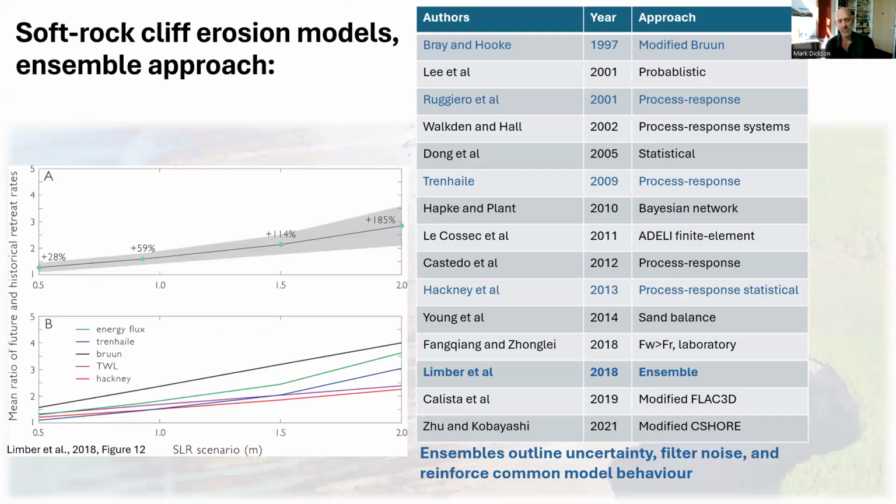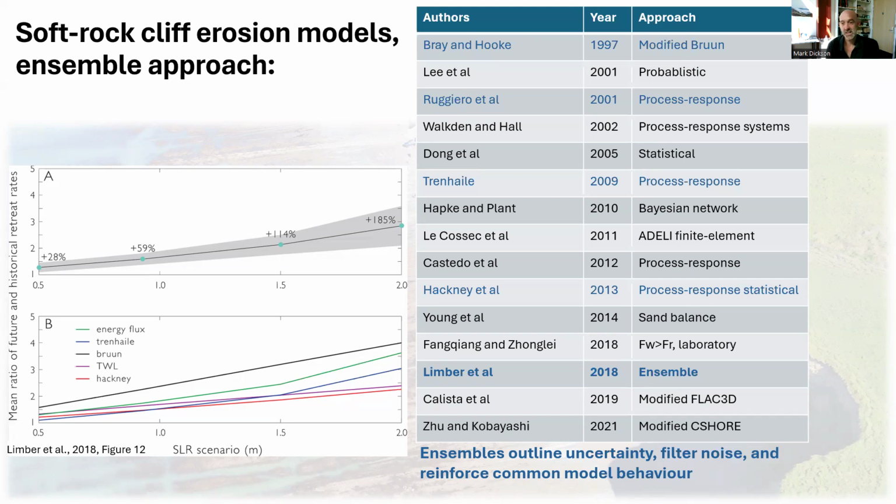So soft rock models have advanced to a point that I think they can be useful for a range of coastal management applications. A relatively recent approach, employed by the USGS, led by Pat Limber, involves producing an ensemble of several model outcomes. I've highlighted in blue here some of the models used by Limber et al. in this study.